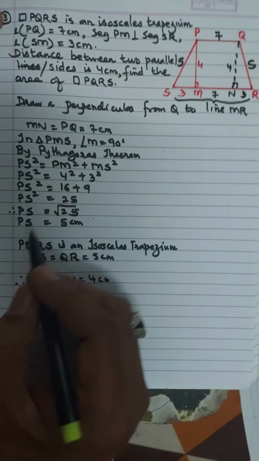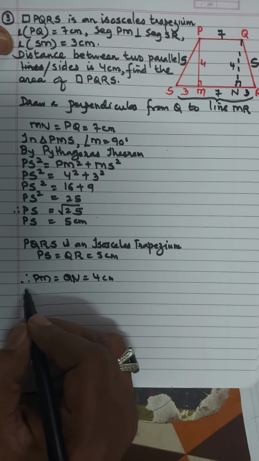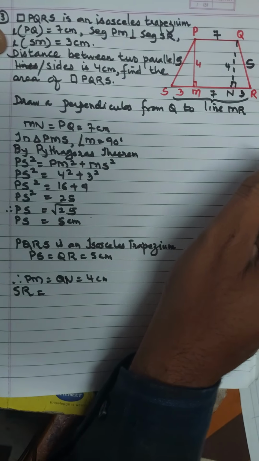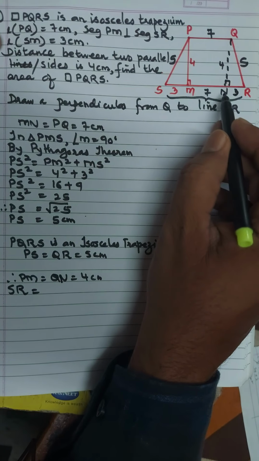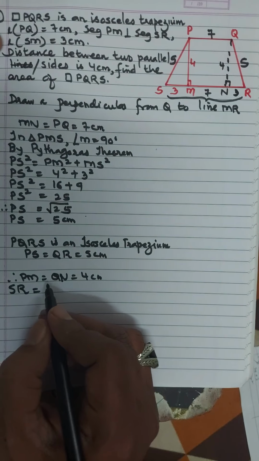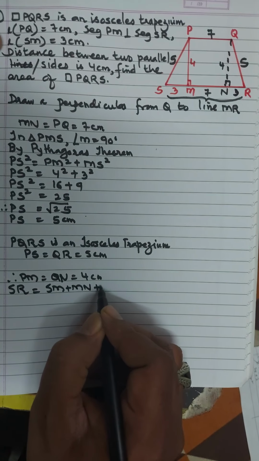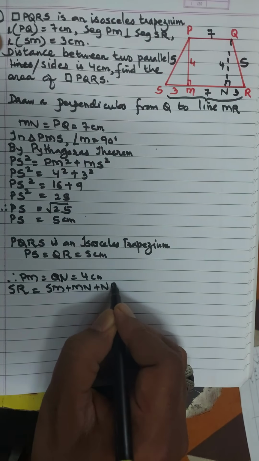So we can directly take out the answer here. SR is equal to SM plus MN plus NR. So we need to write the values here: 3 plus 7 and plus 3. So this is understood.